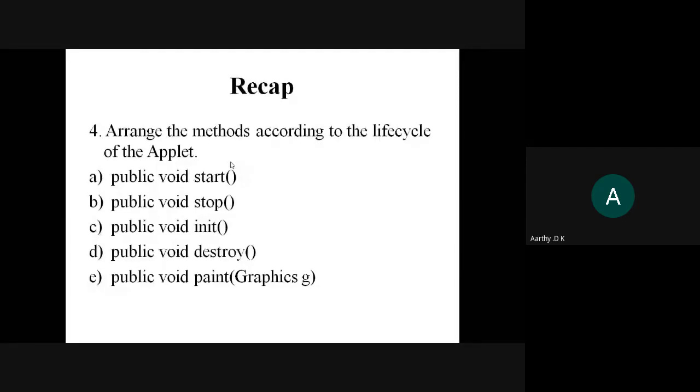If it is easy, just type the ABCD, otherwise type the method which will be called first, second, and so on. I give you some time to look at the options. You can either type ABCD, or better, just type the name of the method alone. You need not give the full signature of the method.